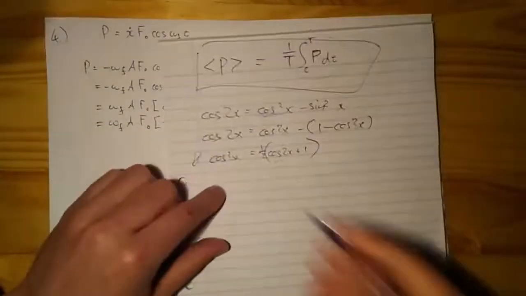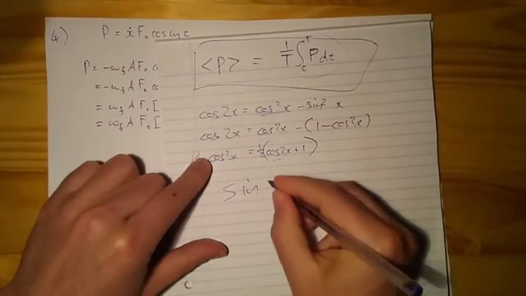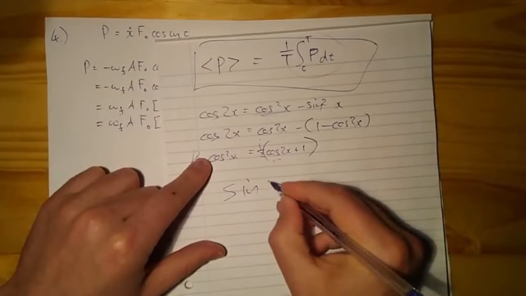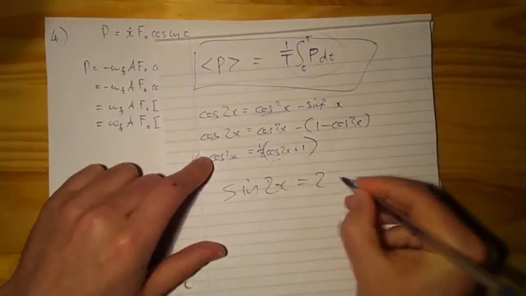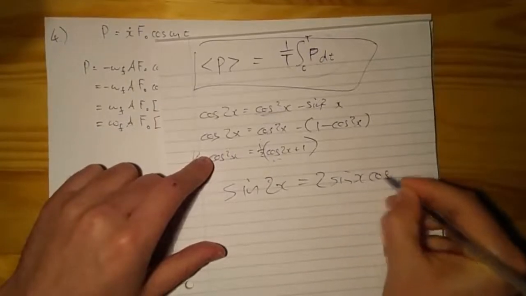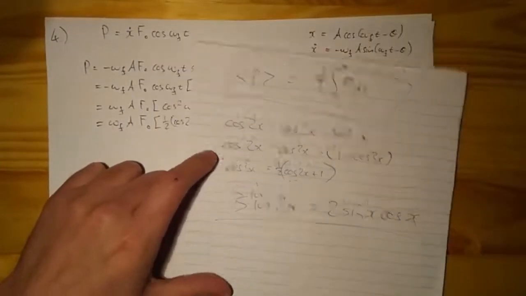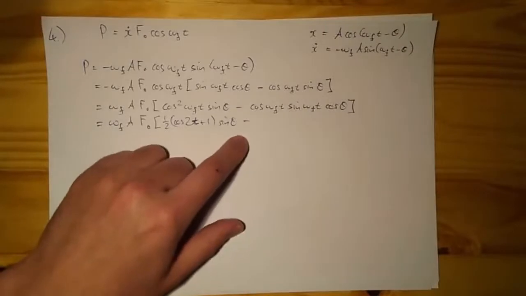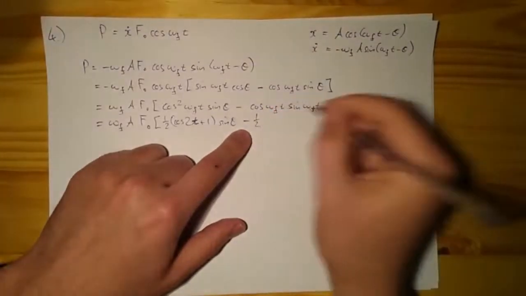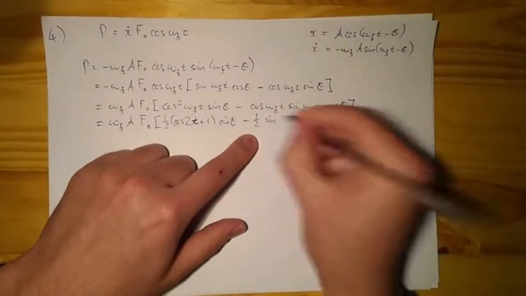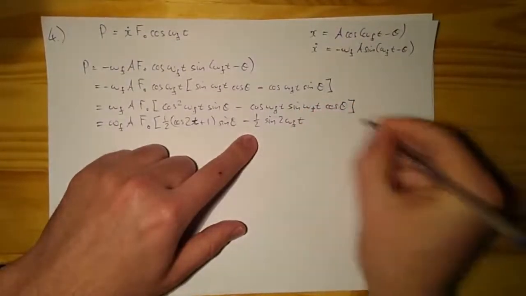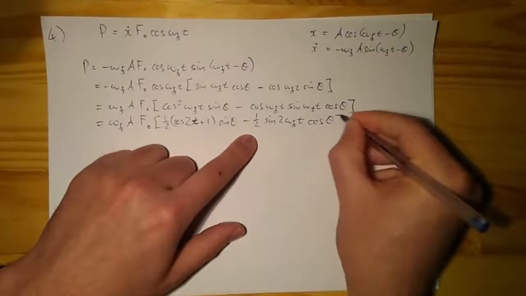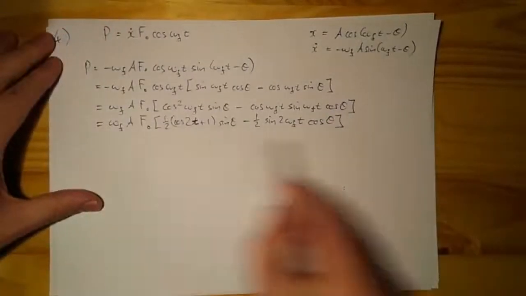That is just this whole story, sine of 2x is equal to 2 sine x cosine x. So this is minus a half sine of twice omega f t, and then the cosine theta tags along. Good. All right, excellent. That we can actually integrate.